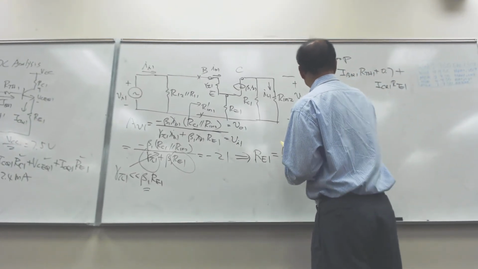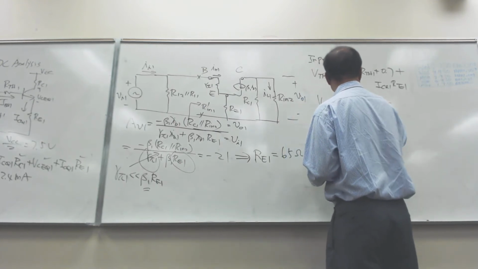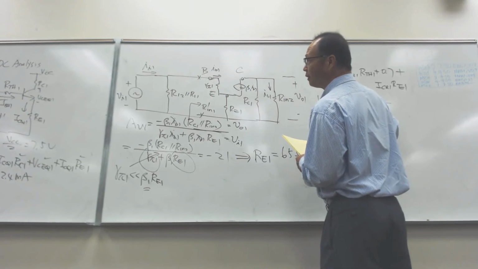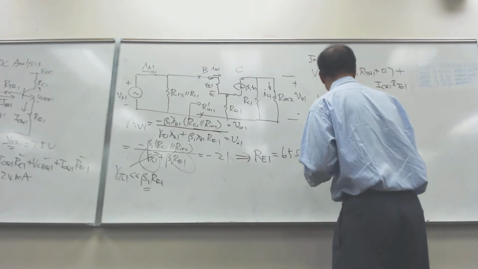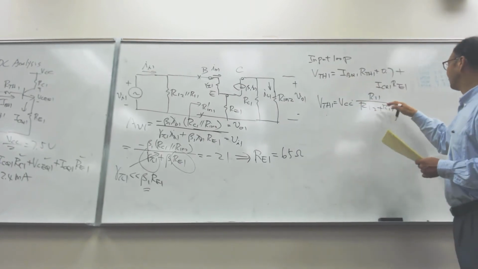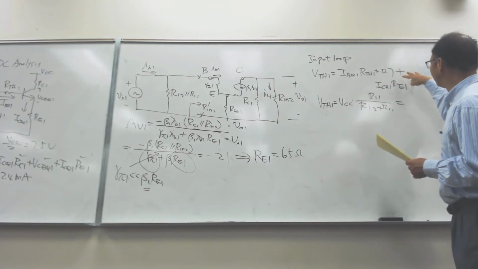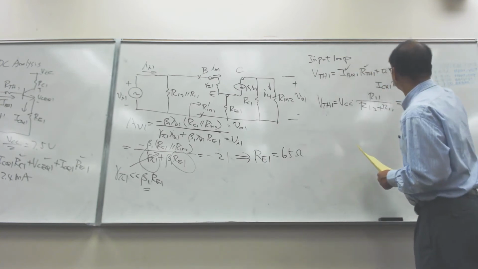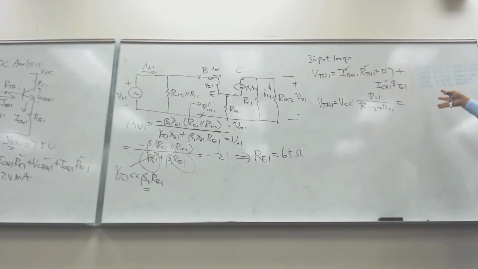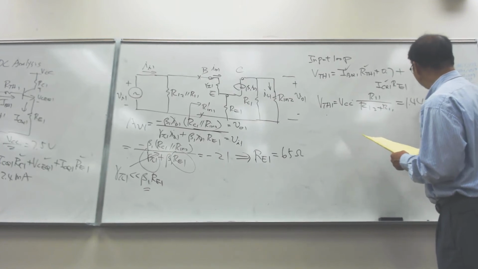Oh no, it's not. VTH1 is VCC times R what? R21 over R11 plus R21, right? So that's not known. Equal to, hopefully on the right hand side is known. Is it known on the right hand side? Yeah. Everything is known. So on the right hand side, I can find out the value, which is 1.44 volts.